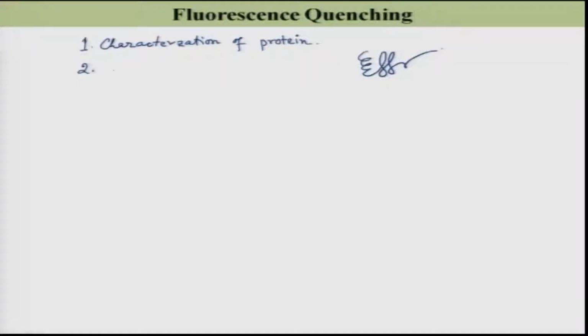I mean the quencher will not be able to reach that buried tryptophan and quench its emission. So, the fluorescence intensity will not decrease the way it would when both tryptophans are present at the surface.